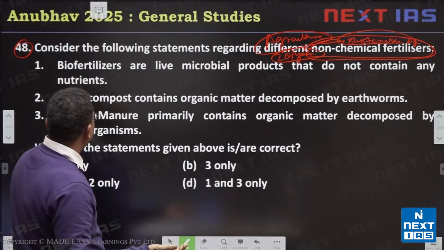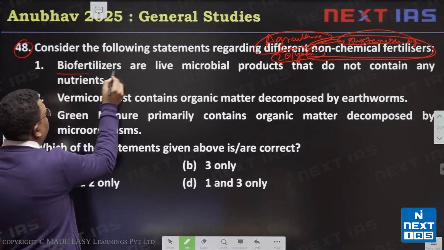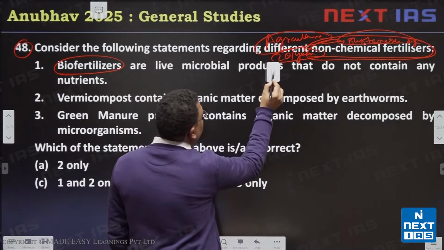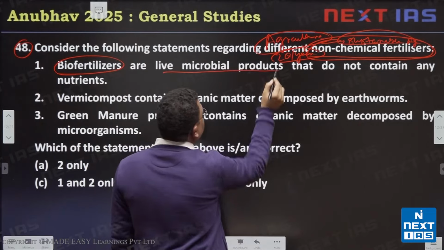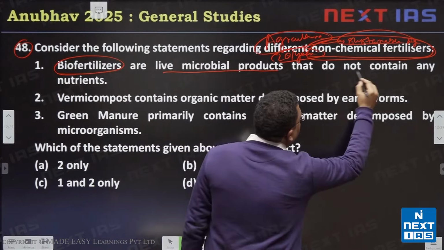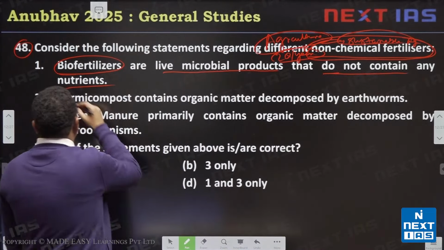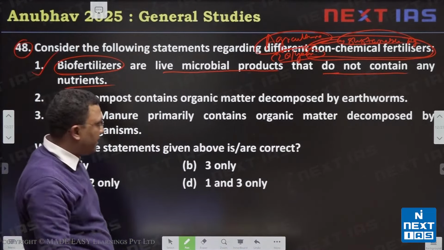Now let's read the statements. The first statement says biofertilizers are live microbial products that do not contain any nutrients, right? This is a correct statement. Let's see how.